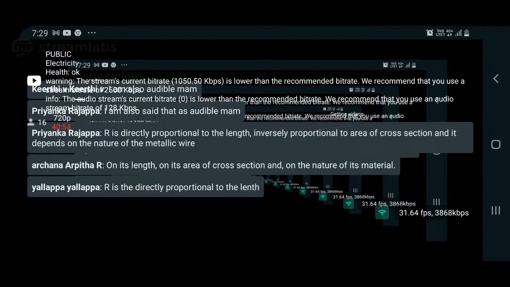Remember, tungsten is used in bulbs because it shows high resistivity and high melting point. It can tolerate a high amount of electric power, and thus it converts into heat and then into light. Hence, tungsten filament is used in electric bulbs. Okay, clear?